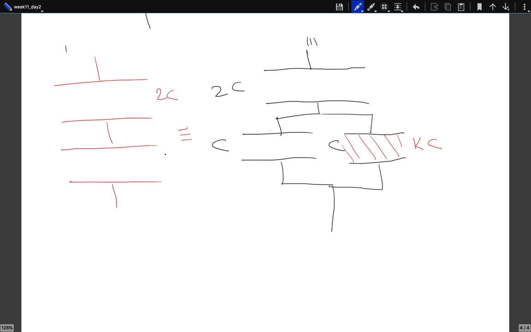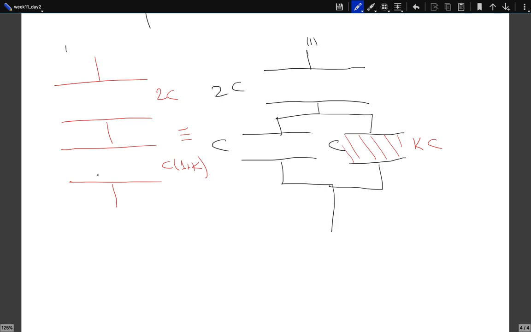Here we have a capacitance 2C. Here we have C times (1 plus kappa). Vacuum corresponds to kappa equal to 1, and when kappa is equal to 1, they are equal.